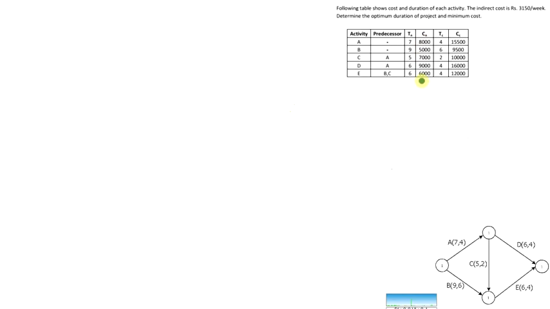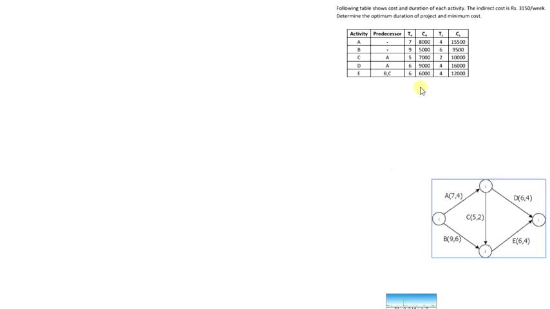So that is equal to 35,000. The total cost will be 35,000 rupees.